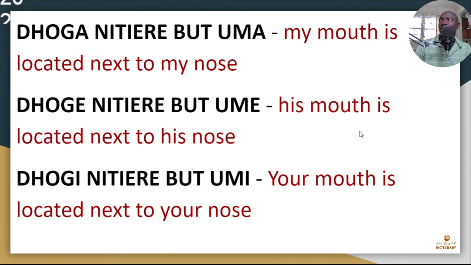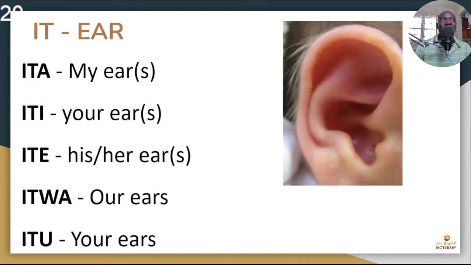So the next one is the ear, which is it. It is ear. So in possessive terms, ita, my ears, iti, your ears, ite, his ears, itwa, our ears, itu, your ears.